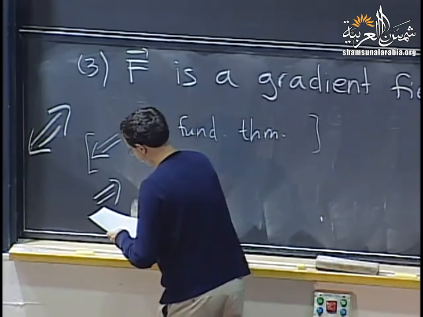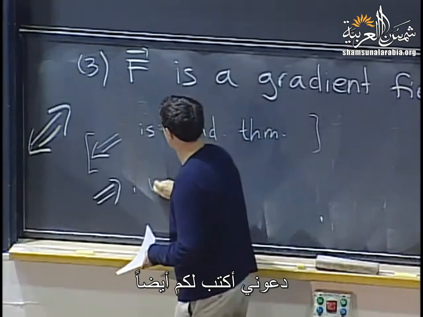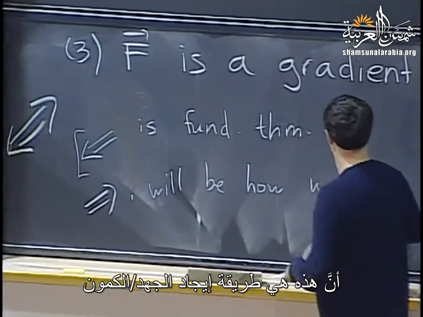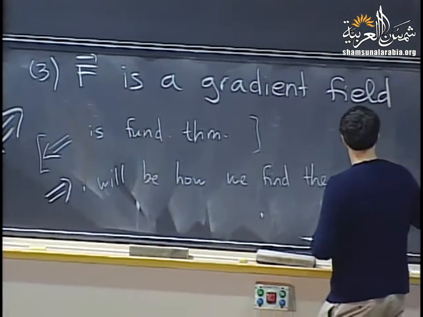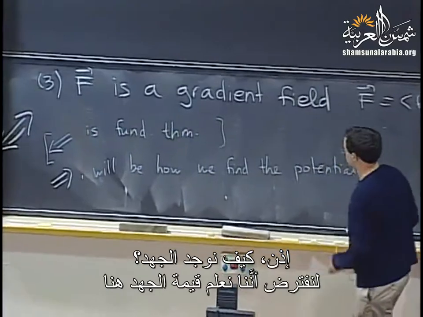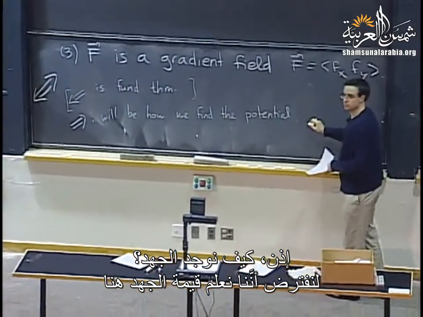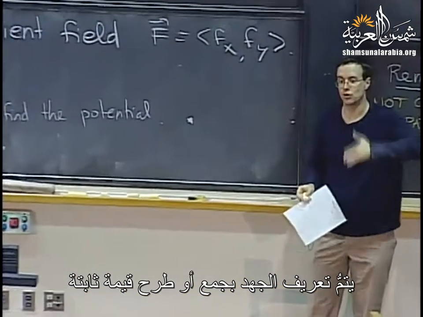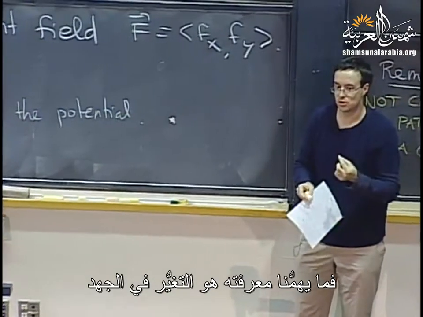well, that will be how we find the potential. So how do we find potential? Well, let's say that I know the value of my potential here. Actually, I get to choose what it is. Remember, in physics, the potential is defined up to adding or subtracting a constant. What matters is only the change in potential.